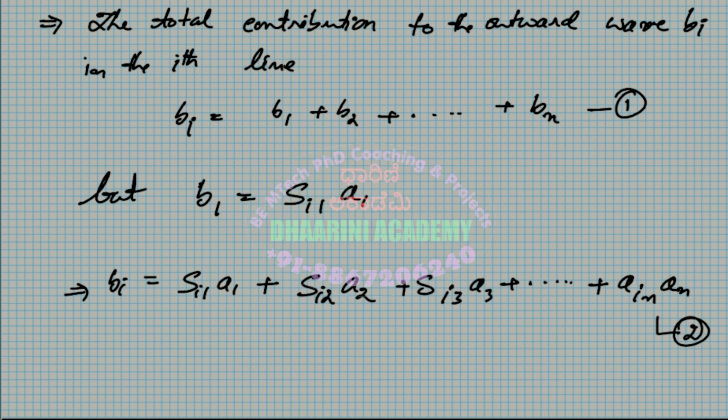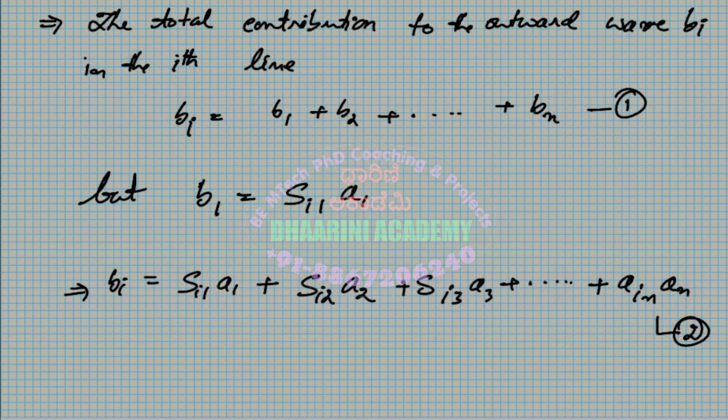Let's proceed. This is a very general form of equation. Now we'll try to extend this. I can actually provide the input from any of the lines, correct? I wrote an equation for Bi only, indicating that out of n different ports present in the system, I'm giving an input on the ith source.